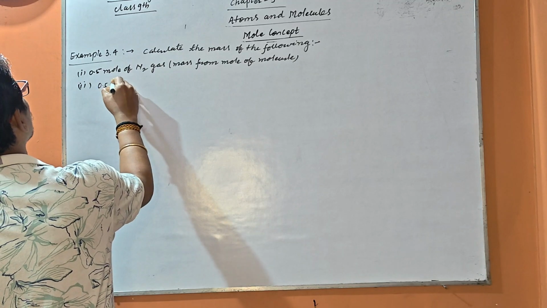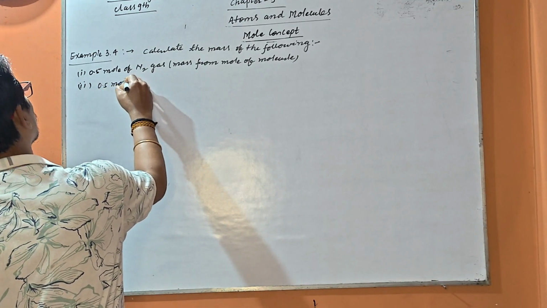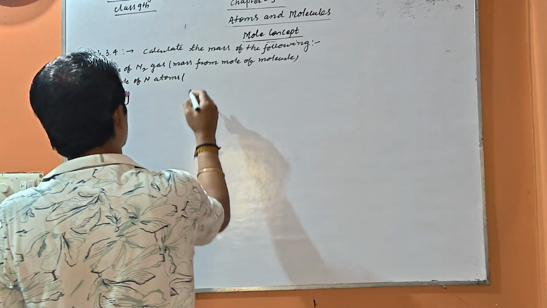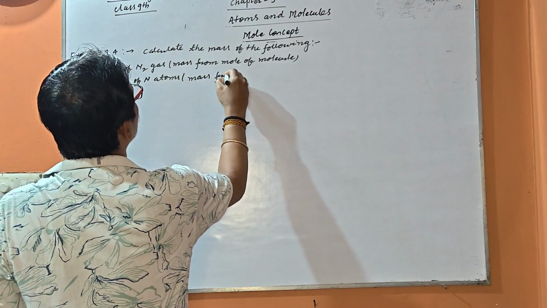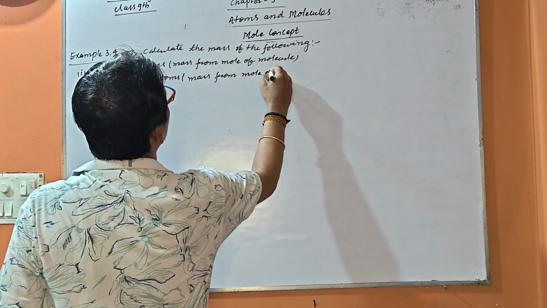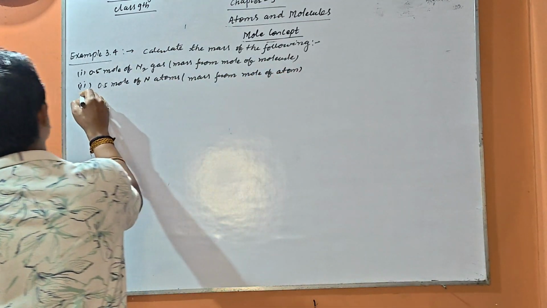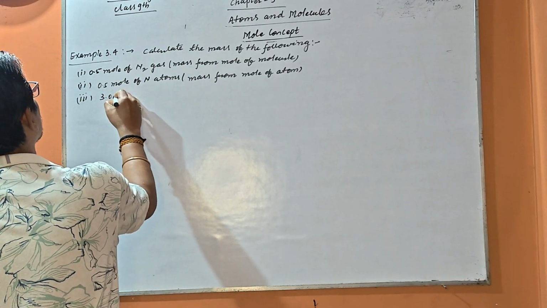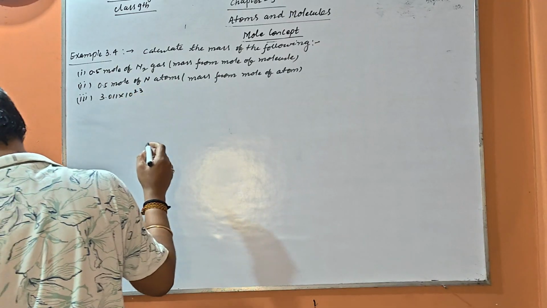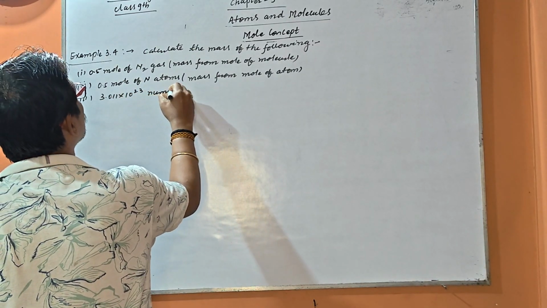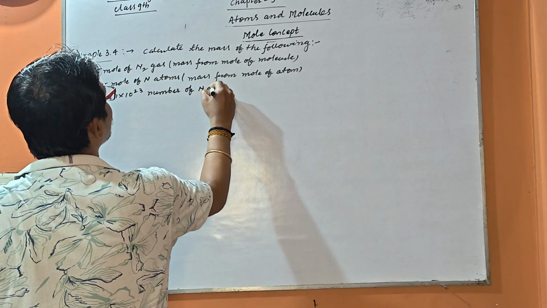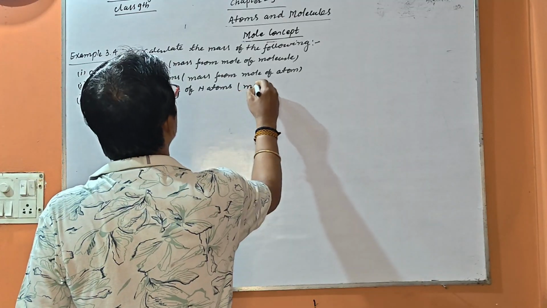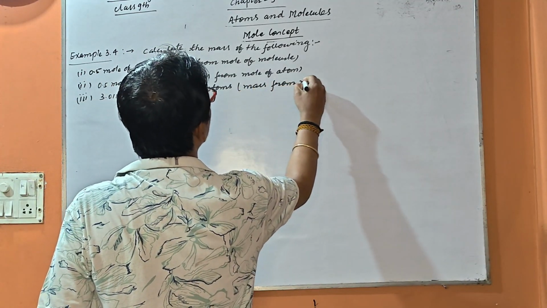Number two, 0.5 mole of N atoms. Mass from mole of atom. Question number 3, they are going to ask you 3.011 into 10 to the power 23 number of N atoms, mass from number.